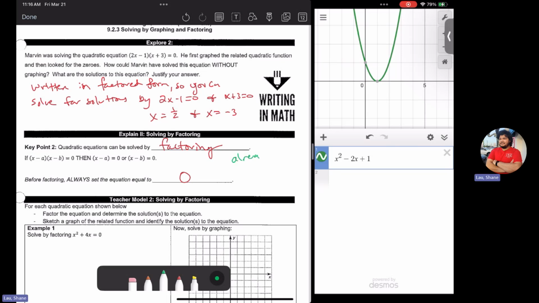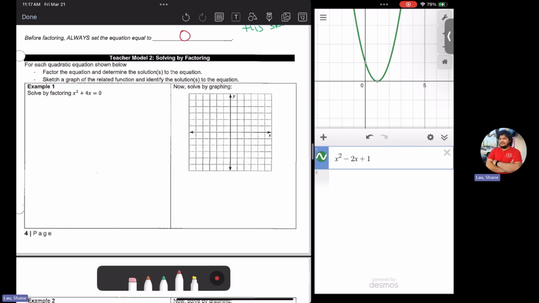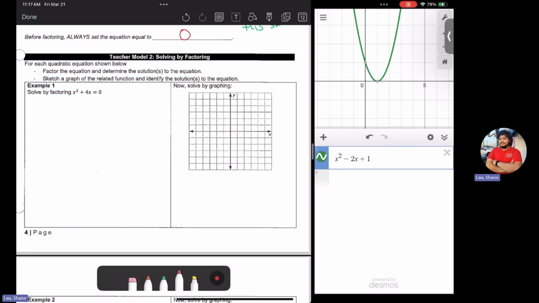We already know this skill. Okay, so make sure that you are incorporating the skills that we've learned beforehand, rather than sitting there and idly waiting for an answer, like some of us have the tendency to do. Okay, so make sure you are in charge of your own learning and that you are trying your best and trying to learn.